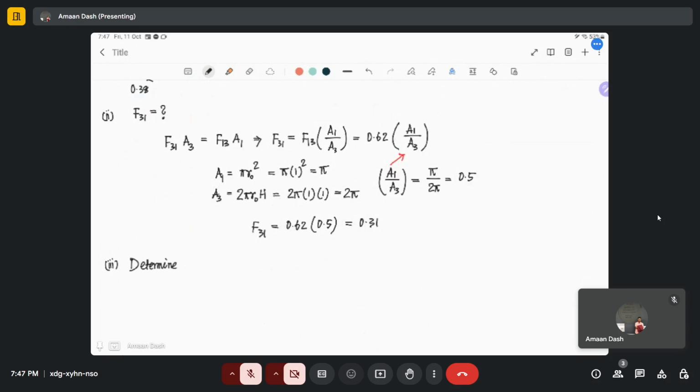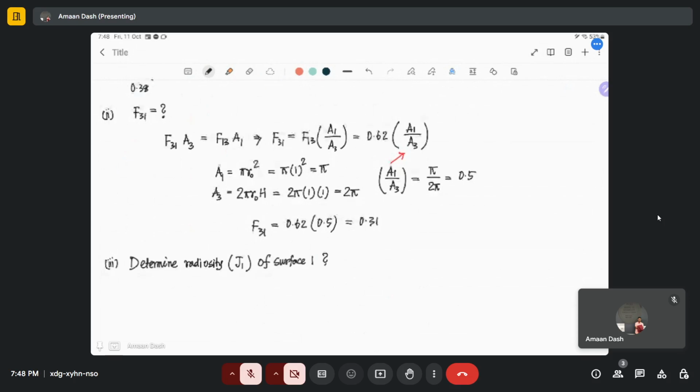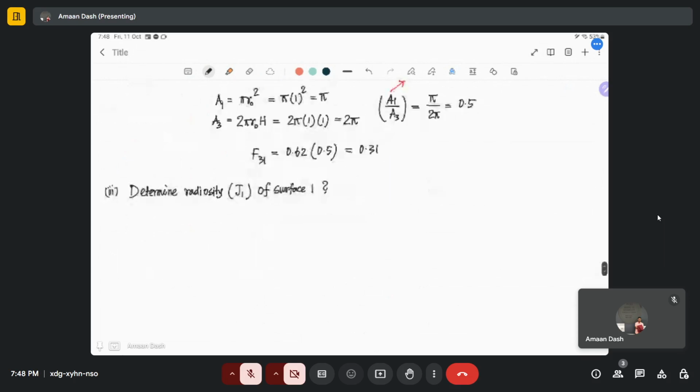And A3, the curved surface area, is 2 pi r h, so 2 pi r0 times h. And r0 is the same as h, 1 meter.